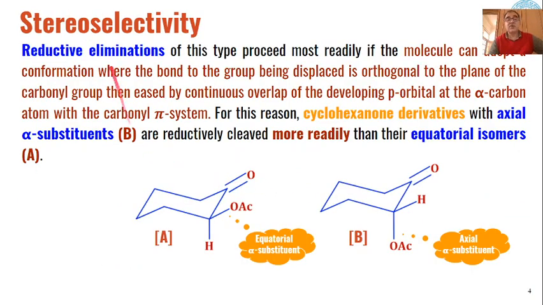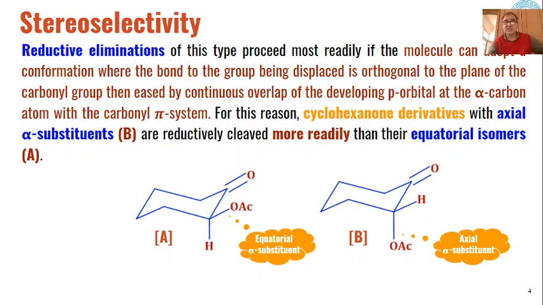One more thing about these types of reductive eliminations is that stereoselectivity plays an important role in the case of cyclic ketones, where the alpha carbon is a substituted carbon.